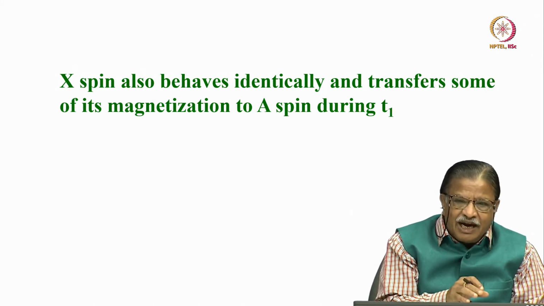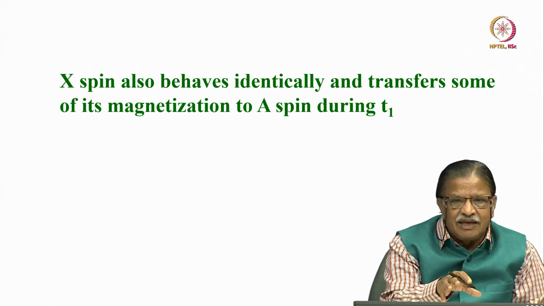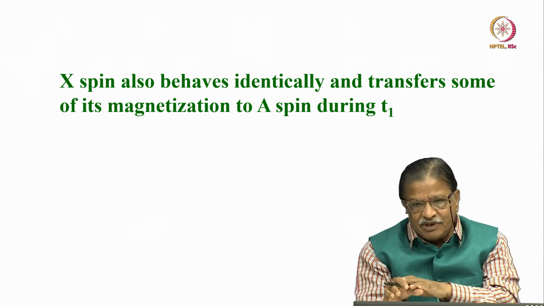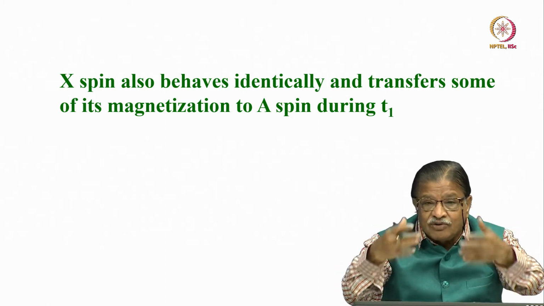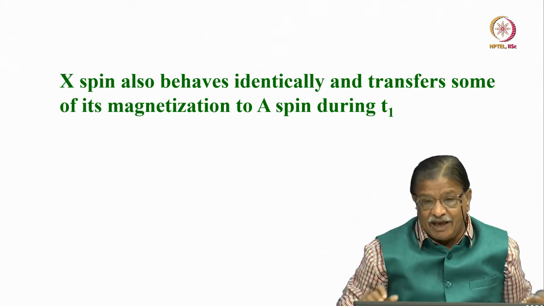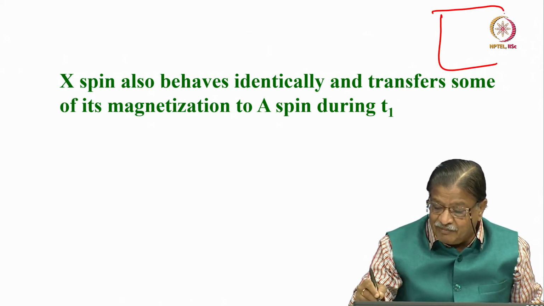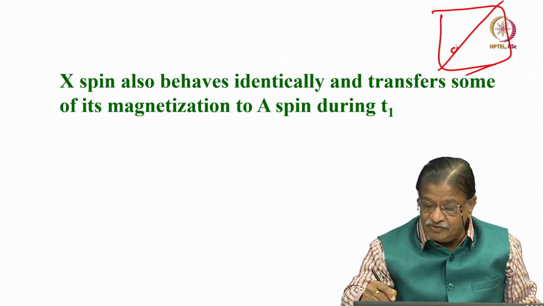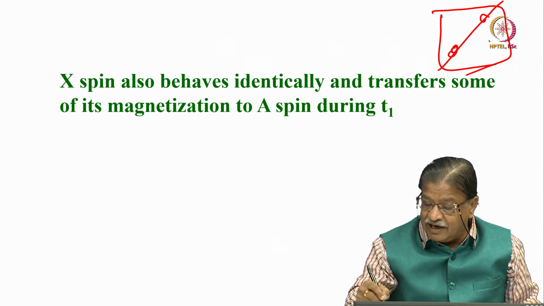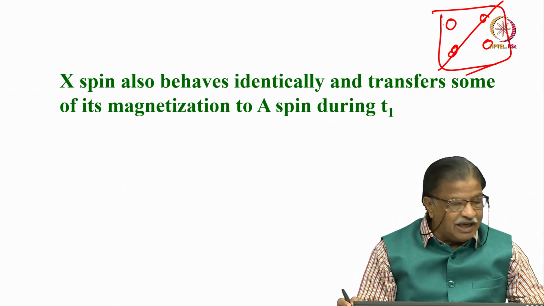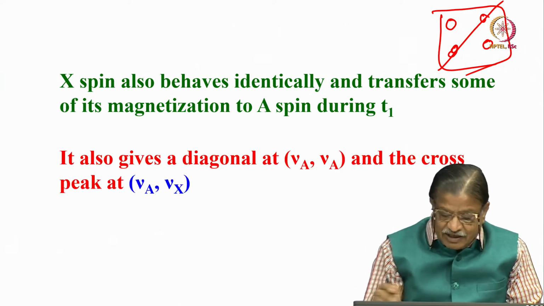In addition to that, because it is giving its polarization to the coupled spin A, in the T2 dimension, it evolves also at the chemical shift of spin A. Essentially, you are going to get a spectrum like this. One here, one here. This will evolve at the chemical shift here, this will evolve at the chemical shift here. Okay? And it also gives a diagonal.